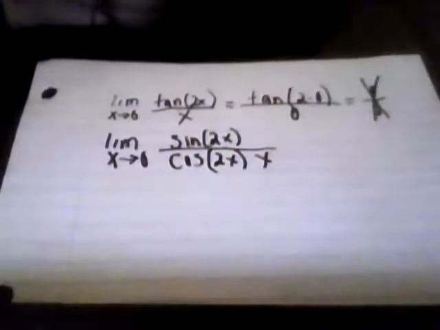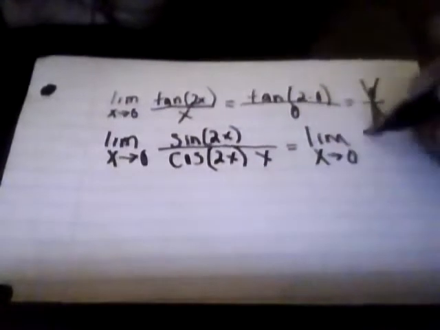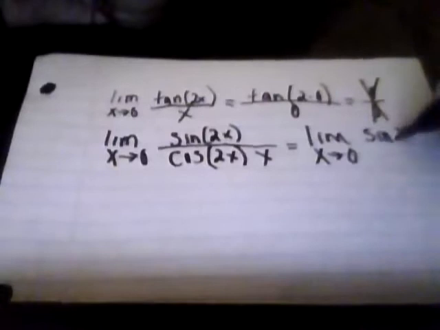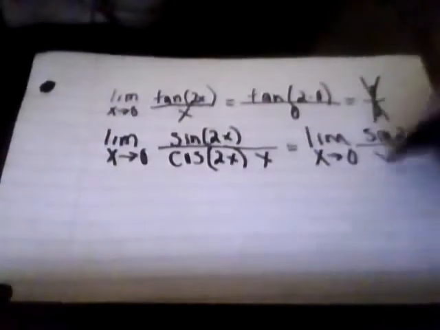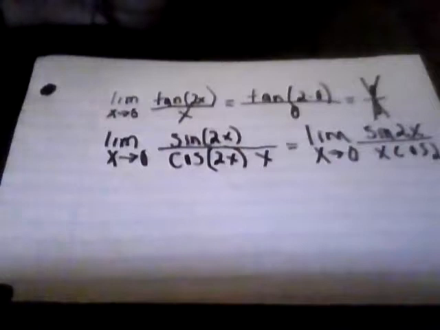And we still have that x that's already in the denominator. This is equal to the limit as x approaches 0 of sine 2x over x cosine 2x.